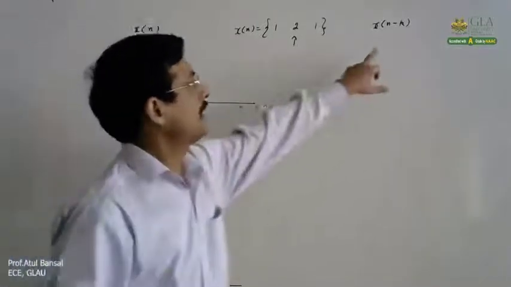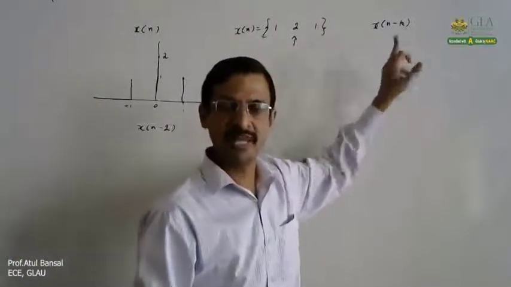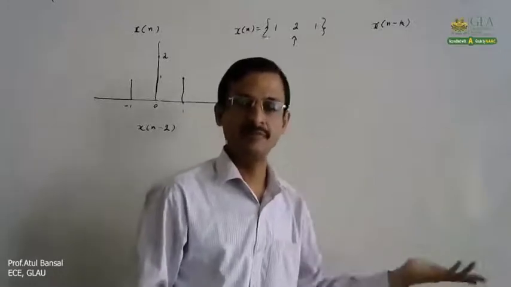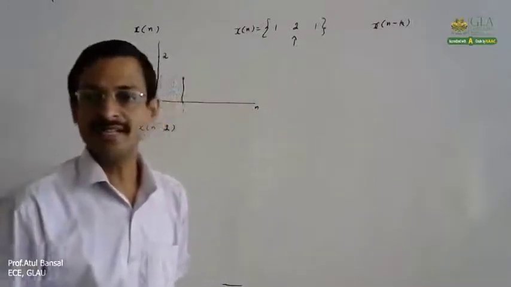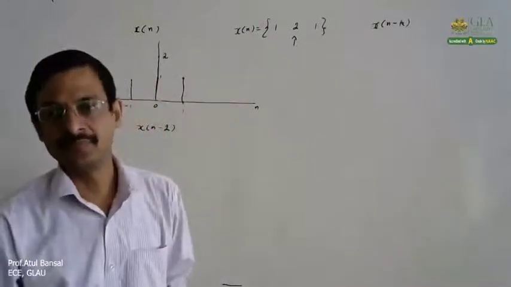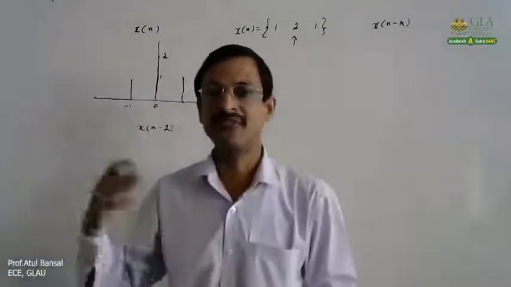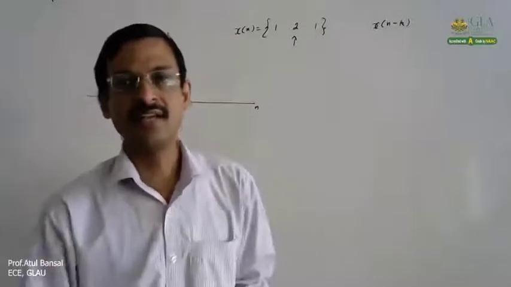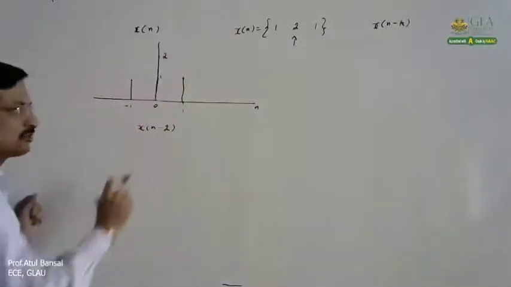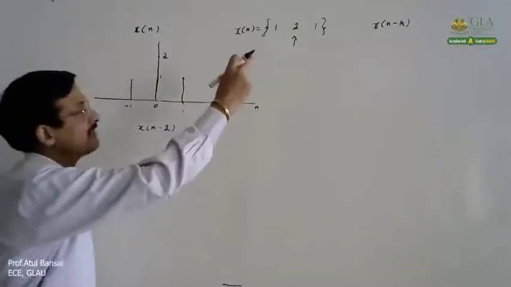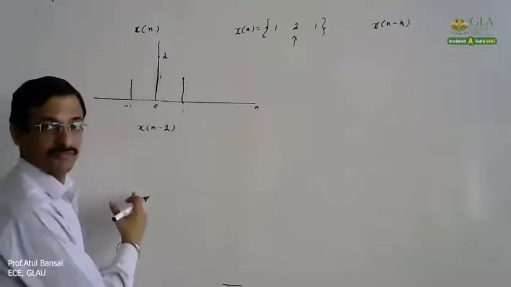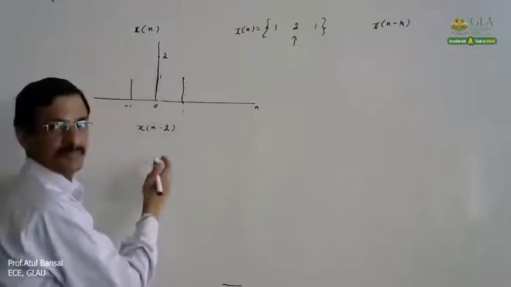Here again the same rule applies: if k is positive, shifting will happen towards the right hand side and the signal will get delayed. And if k is negative, shifting will happen towards the left hand side and we say the signal gets advanced. So here n minus 2 means k is 2 and is positive, so shifting will happen towards the right hand side.